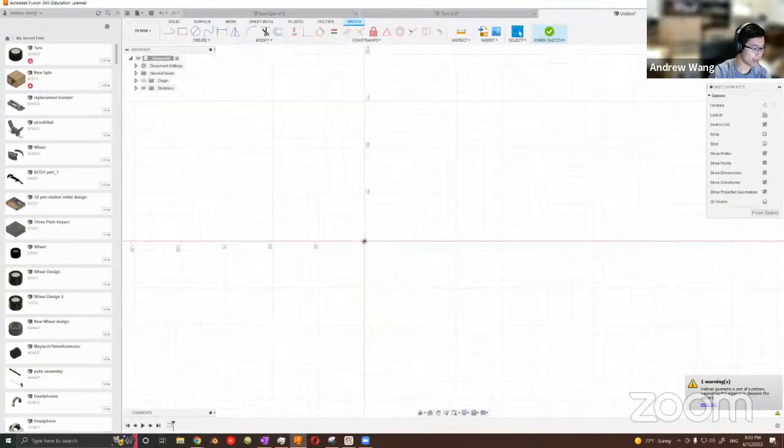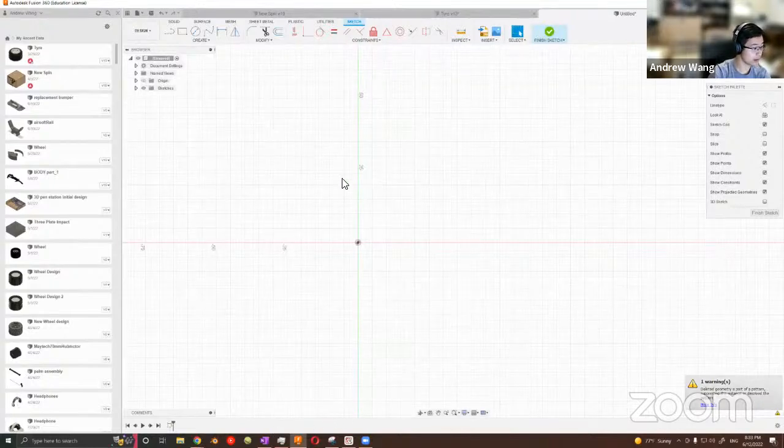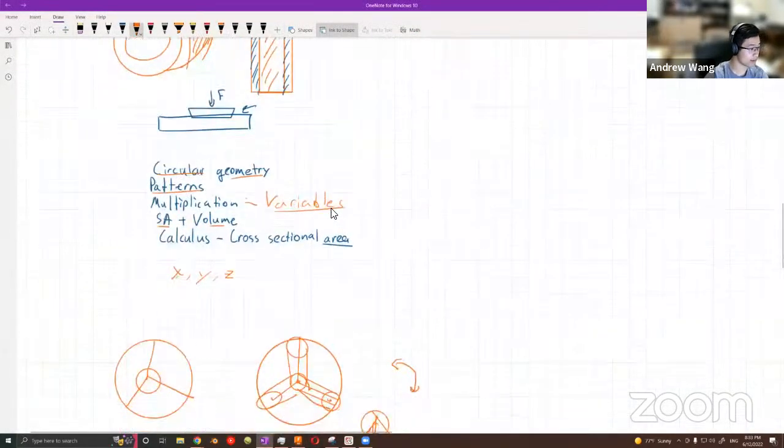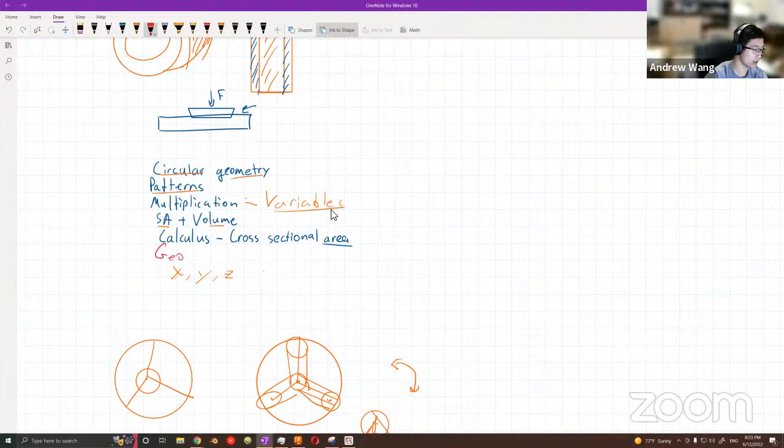So again, I'm going to tackle a few things that we mentioned: our circular geometry, our patterns, and I'm going to add on geometry, using SOHCAHTOA. You guys remember what SOHCAHTOA is?